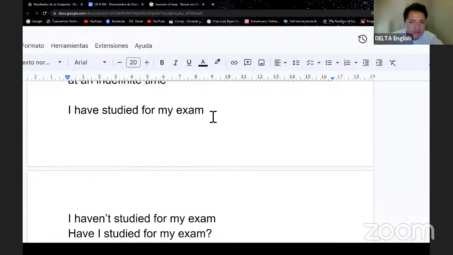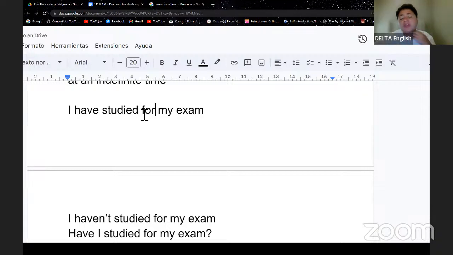In this case, it's an intransitive verb, so we cannot use the passive voice, but if I get rid of for, maybe I can use it. I have studied my exam, right? Pero aquí es otra oración distinta. I have studied for my exam. Estudié para el examen.